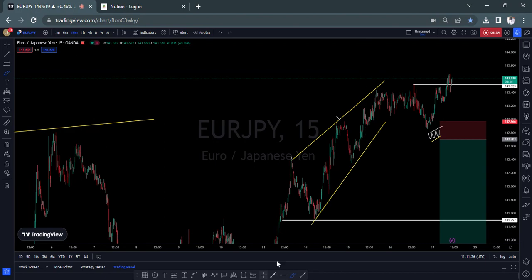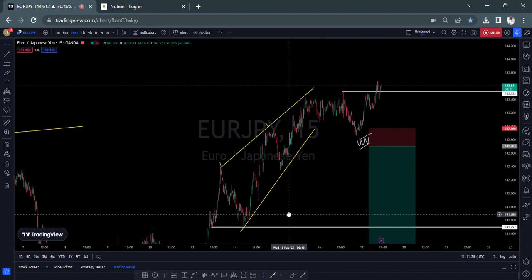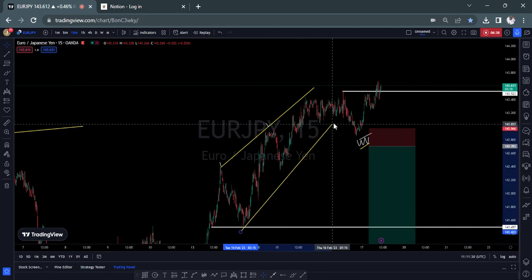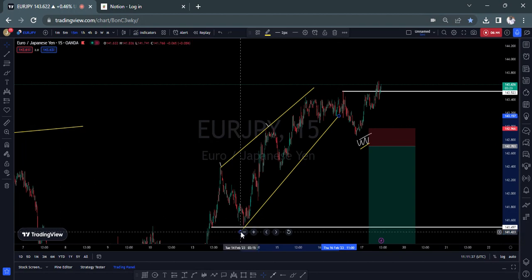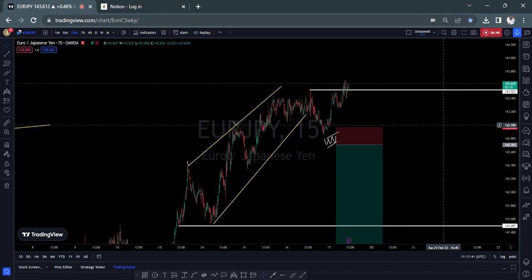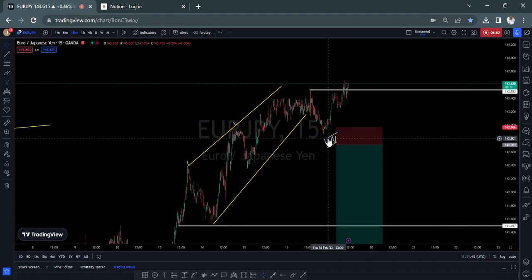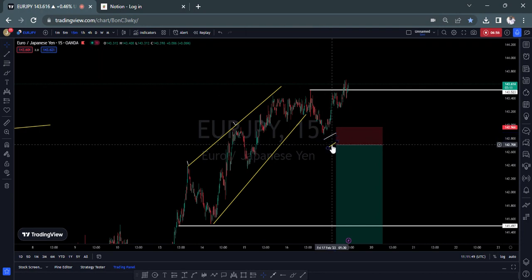Now I'll start to explain something. I talked about this trade yesterday. That is why it's very, very sacrosanct to forecast a trade before you enter it, to have a plan A and also a plan B for every trade.